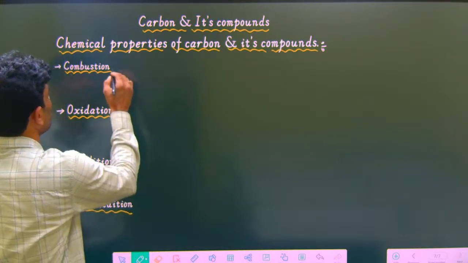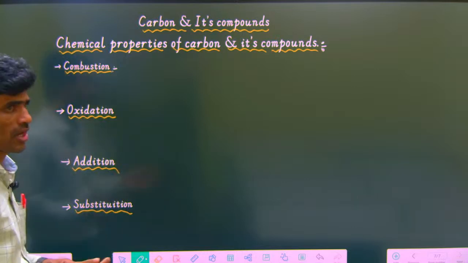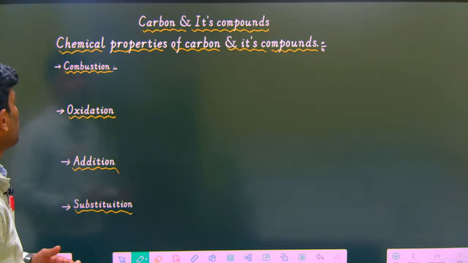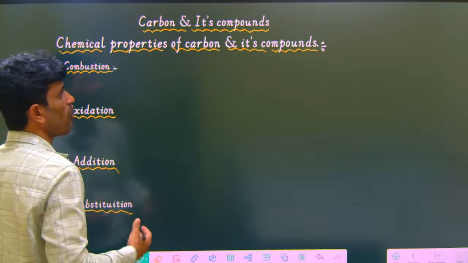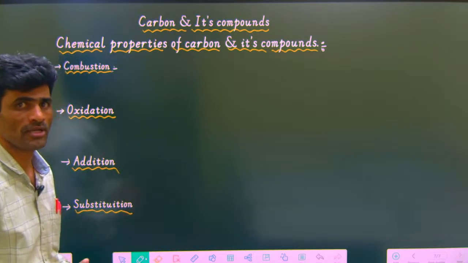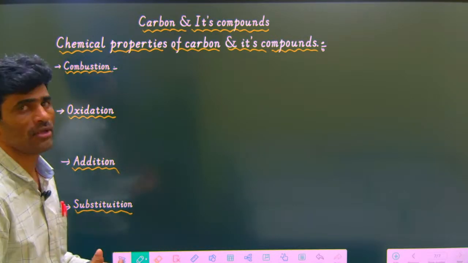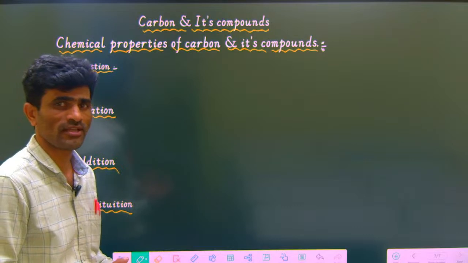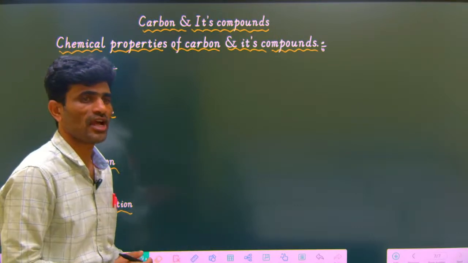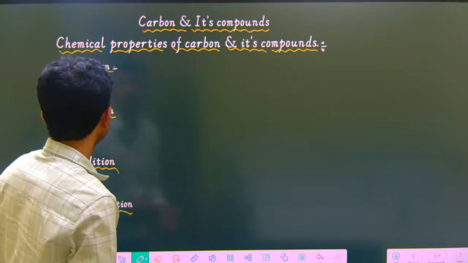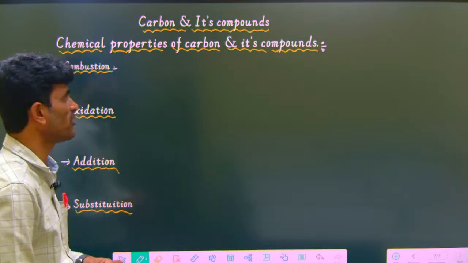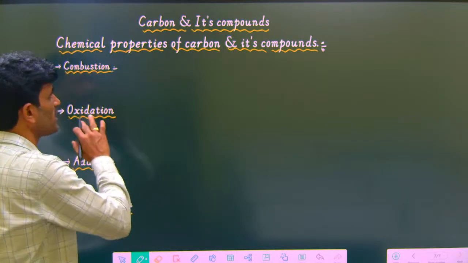The first one is combustion. Already you know combustion means burning. So here carbon, or any carbon compound, burns in the presence of oxygen and releases carbon dioxide and water vapor along with heat and light. This chemical reaction is called combustion.